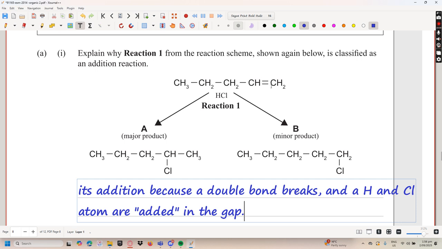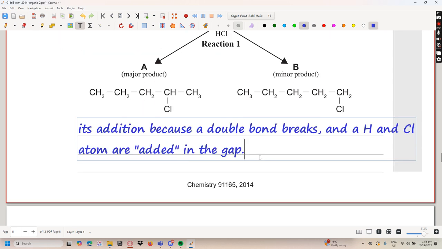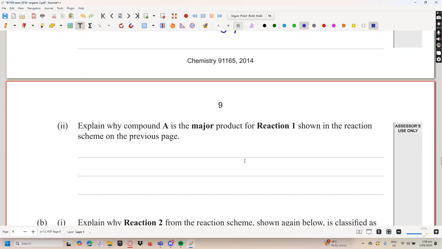So the double bond breaks, one hydrogen and one chlorine are put on. Chlorine's put on this one, hydrogen's put on this one. Yeah, so added in the gap, that's the idea.